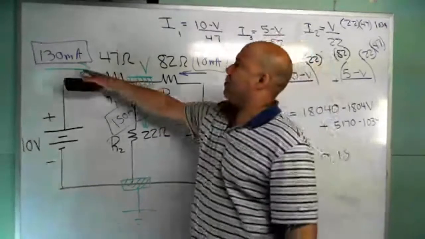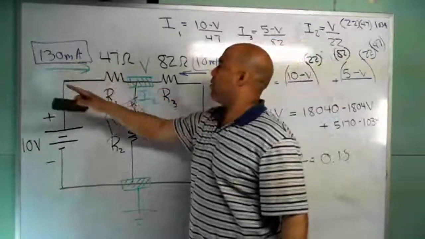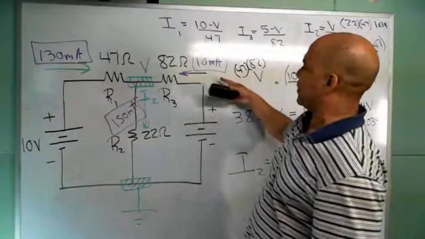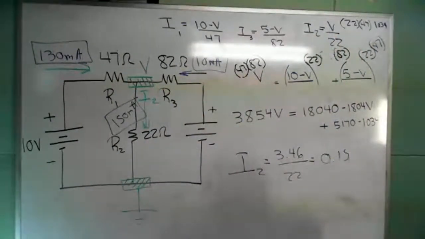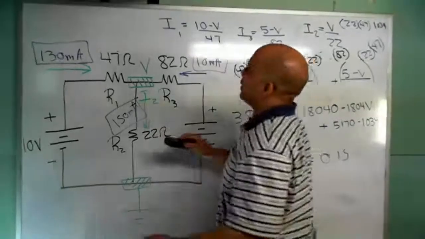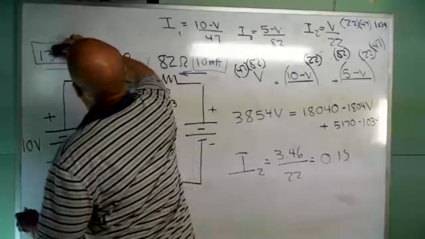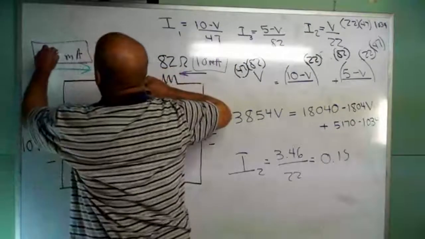You said that I1 was 130. If this is 10, this should be 140. Or we made a mistake in our calculation somewhere. So we need to go back and. I found I1 is 139 milliamps. Okay. 139 makes it a little better. 139 for I1?